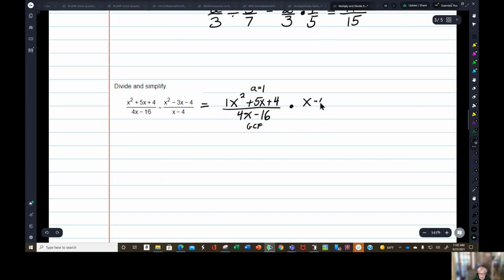Can't factor that. And x squared minus 3x minus 4 goes down. I'm going to use the a equals 1 method here.